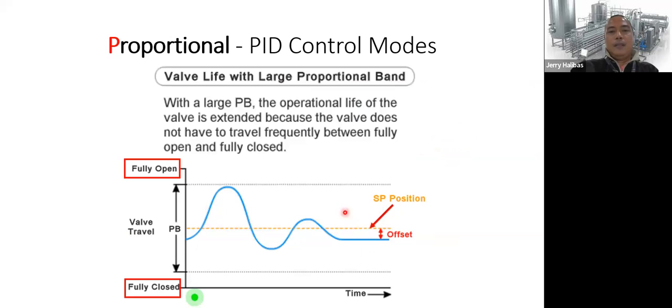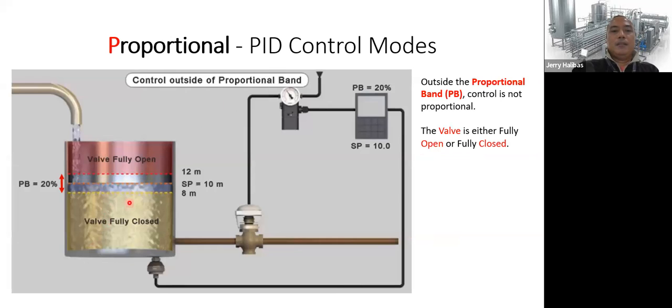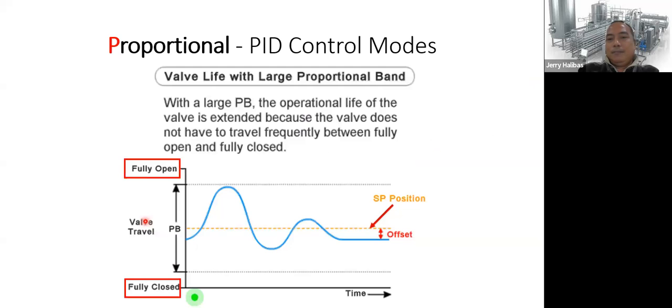So that is the meaning of the proportional band. There is only a proportional or linear response within the 20%. Outside the 20% range, it is like on-off control, either fully open or fully closed.